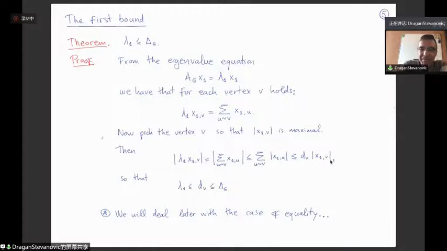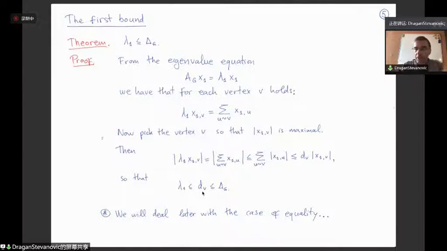And when we look at the far left and far right, and divide by x1 v, which we know is not 0, why is it not 0? If the maximum absolute value were 0, that would mean that all the components of the eigenvector are 0, so the whole eigenvector would be 0. But the first thing that we say about eigenvectors is that they are not 0. So we can freely divide by the absolute value of x1 v, and then we get that lambda 1 is bounded from above by the degree of v.